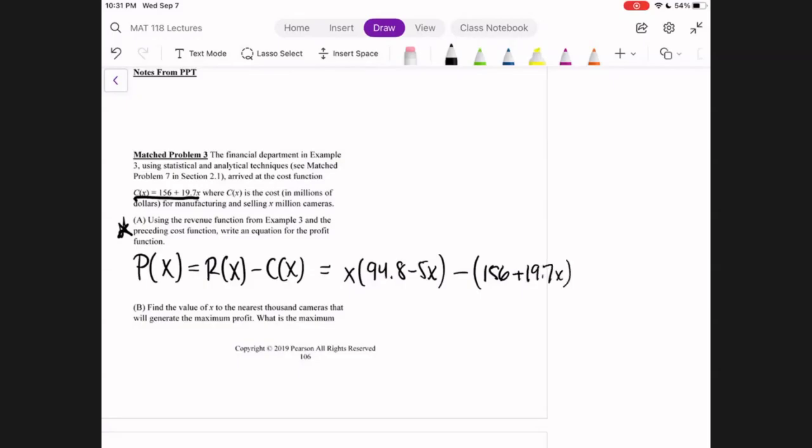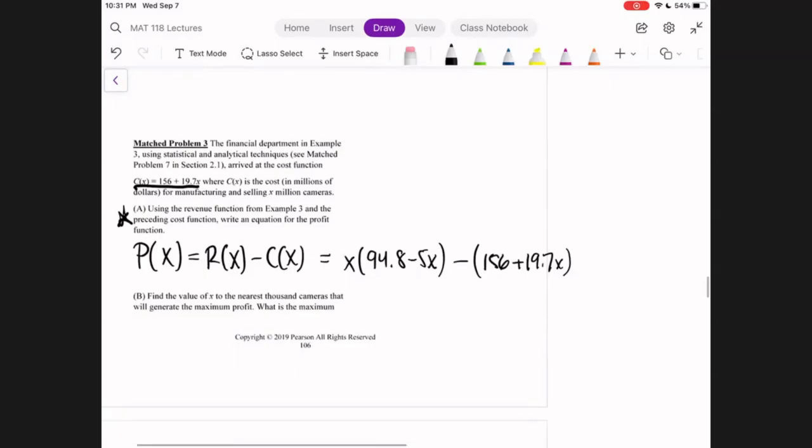Right, so one thing you note is, how do I simplify this to get it in standard form? So this would be 94.8x minus 5x squared. I distributed my x, distribute my negative on the second one here for the cost. And then I need to combine like terms.